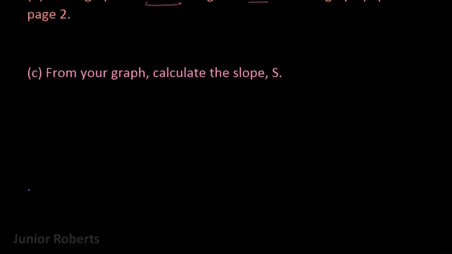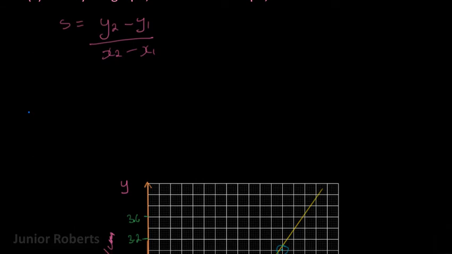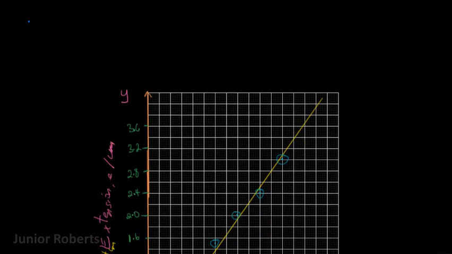Now we know for a graph the slope S is equal to the change in y, which is y2 minus y1, over the change in x, which is x2 minus x1. To do this, we will first have to draw a large triangle.